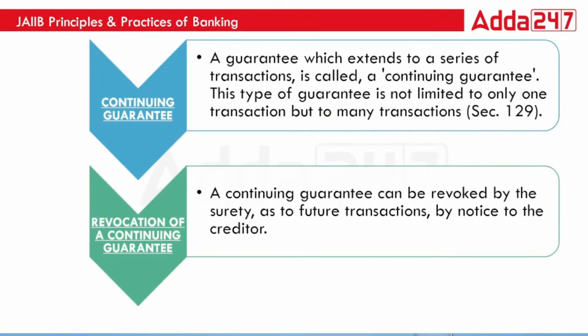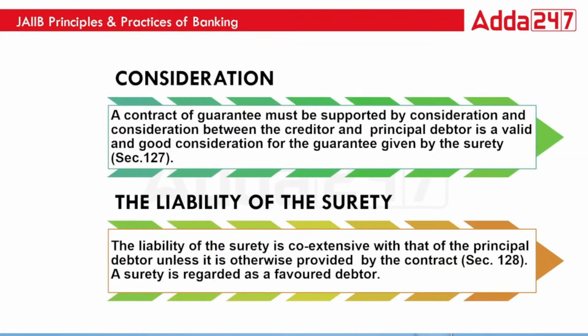Now there are some features of guarantee. What are the features of guarantee? One of the features is consideration. Consideration means every party will give something for the other. Suppose A is ready to sell his car and B will pay 1 lakh rupees for this.